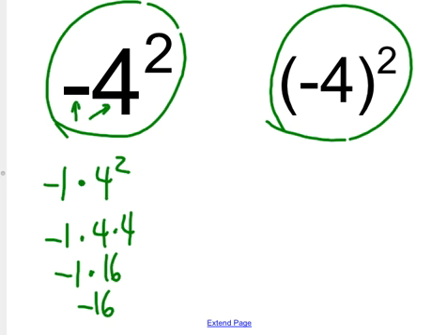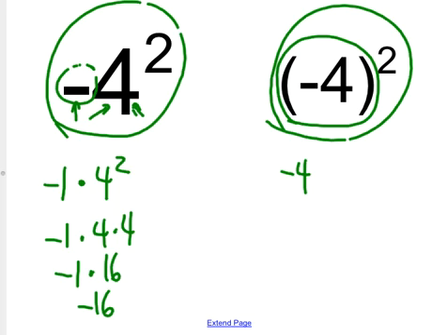So you have to be careful. If you're squaring -4, you want to square not only the 4 itself, but also this negative sign. In order to do that, you need to put it into parentheses or brackets like this. So I'm going to square this -4. Because it's in brackets, I'm squaring the whole thing.